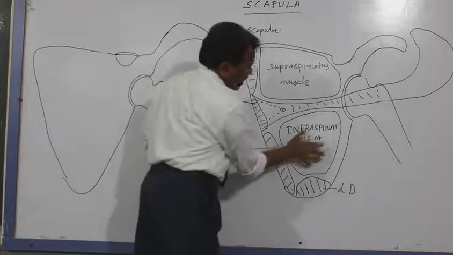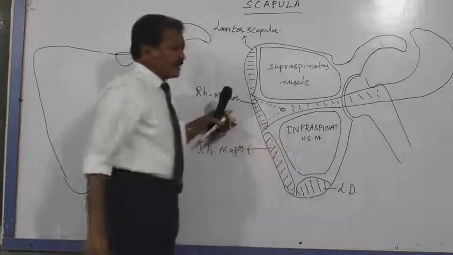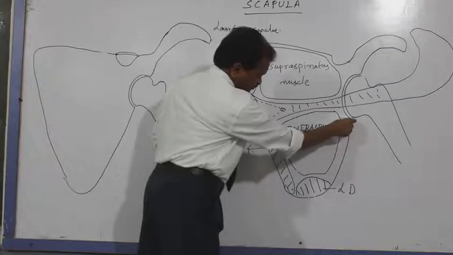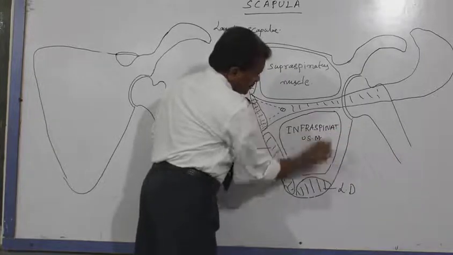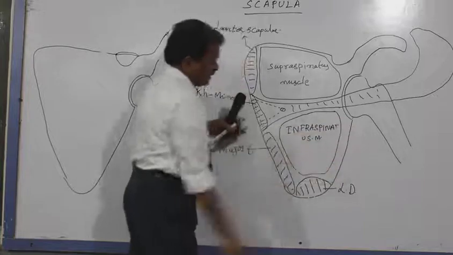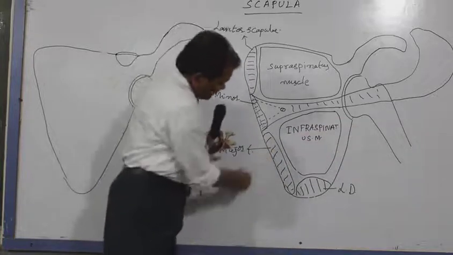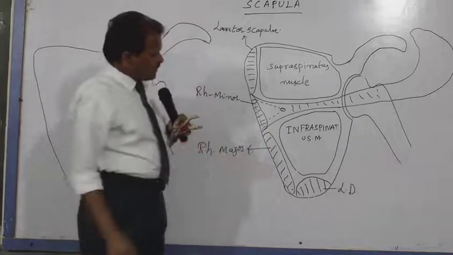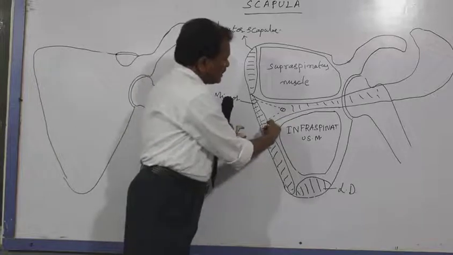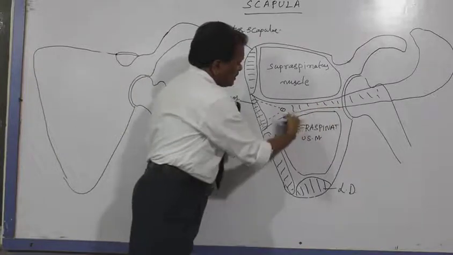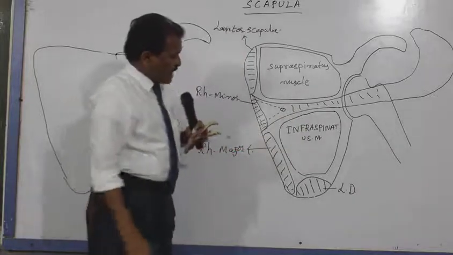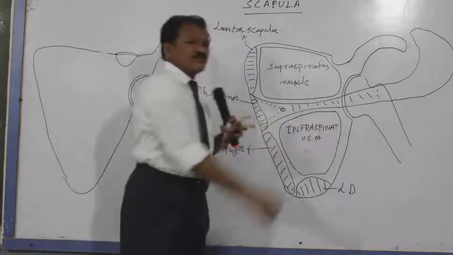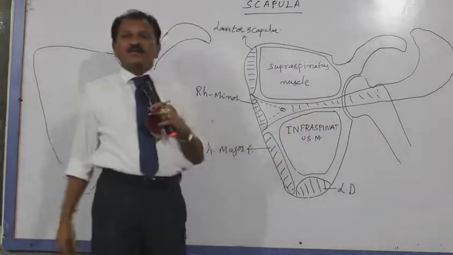Medially its origin arises from the infraspinous surface, and on the medial side its origin is limited by the teres minor and teres major muscles, superiorly teres minor, inferiorly teres major, and on the medial side by the rhomboideus major muscle. Superiorly its origin is limited by the deltoid muscle, and inferiorly it is located by the latissimus dorsi. So in between these muscles there is the infraspinatus muscle.